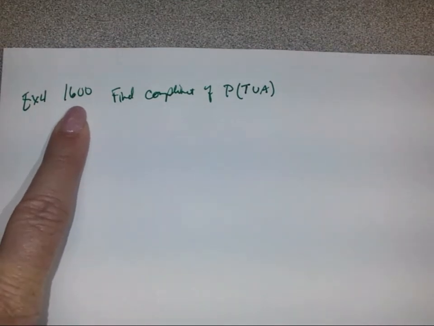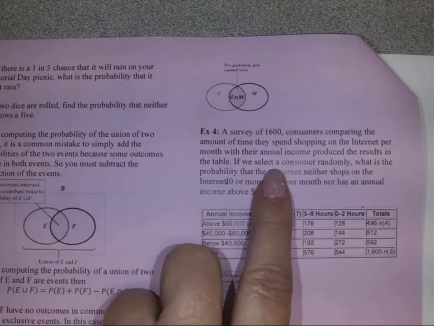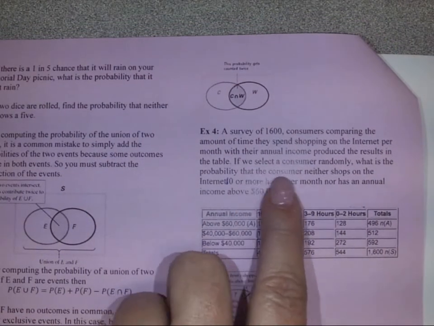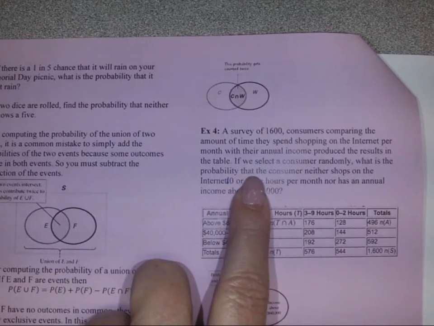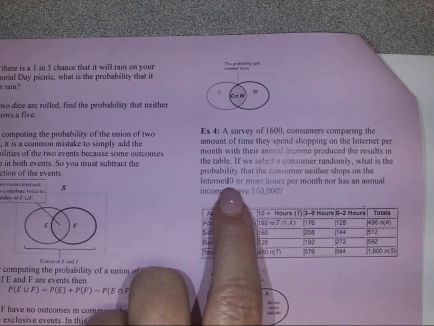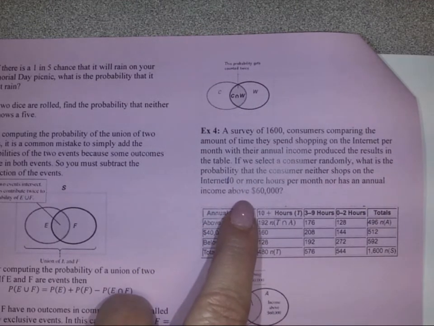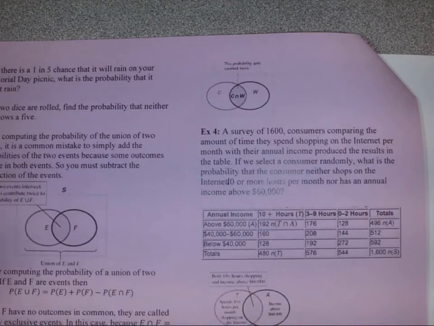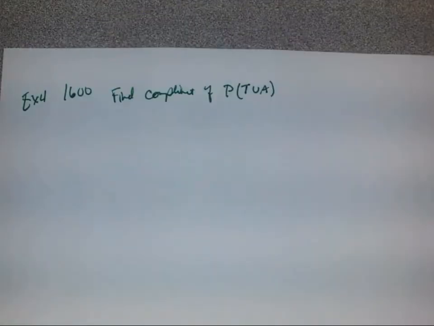The reason we're finding the complement is because, again, we talked about the negatives up here. If we select a consumer randomly, what is the probability that the customer neither shops on the internet 10 or more hours, nor has an annual income above 60,000? So if we want the things outside of that, then we're looking for that complement.